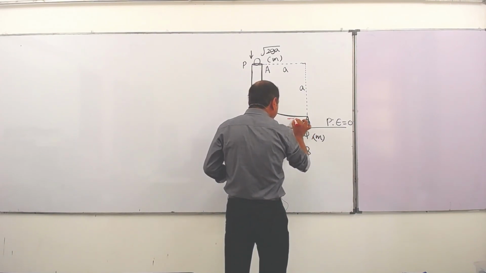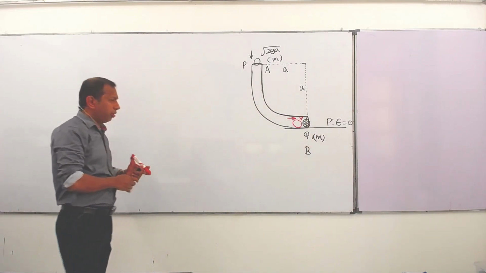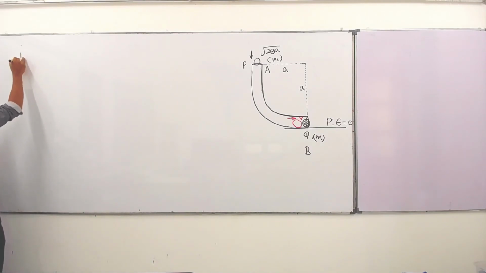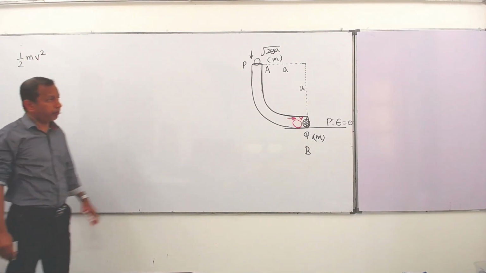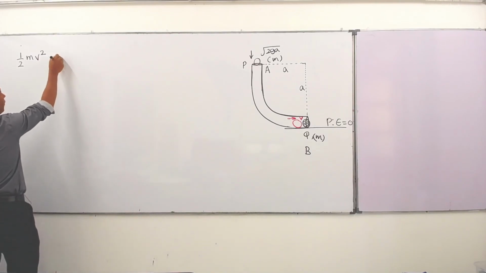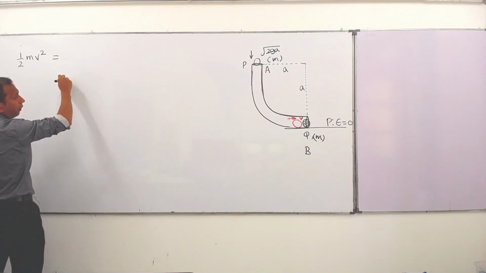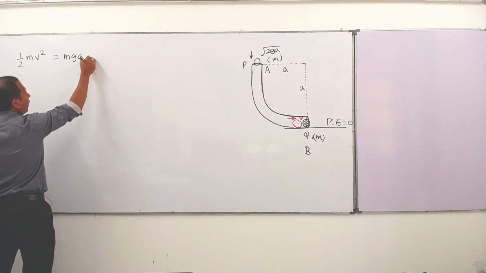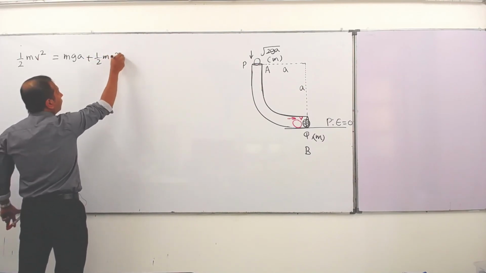Suppose the velocity is V. By using conservation of mechanical energy, at the point B the total kinetic energy is half mv squared of particle P. And at point A, when it is projected with that velocity, the potential energy is mga and the kinetic energy is half m times 2ga.